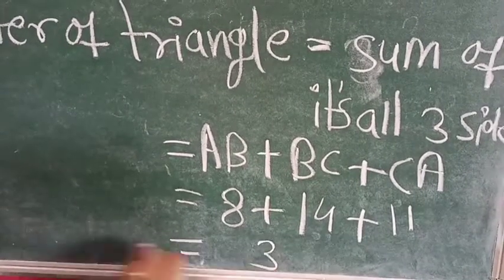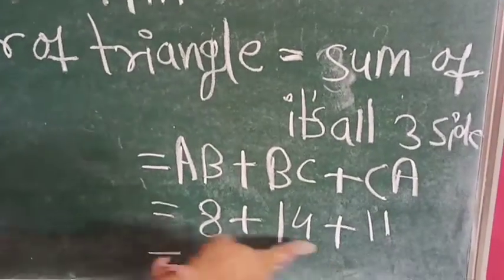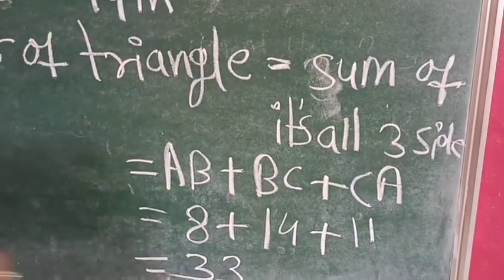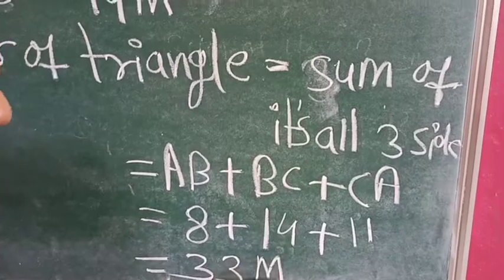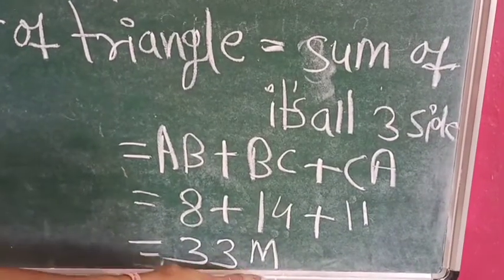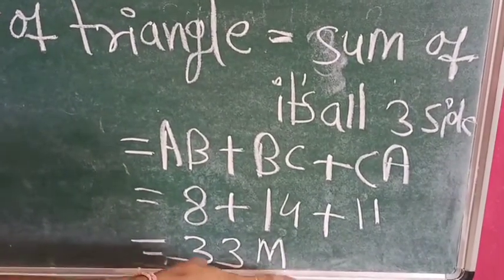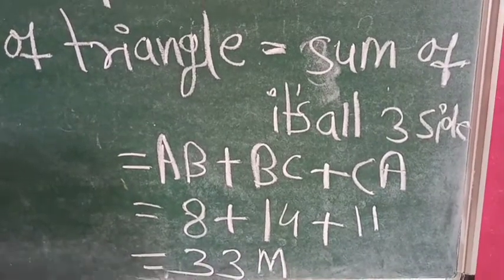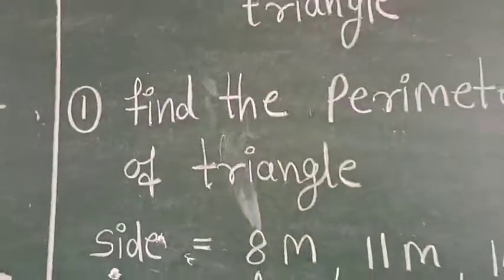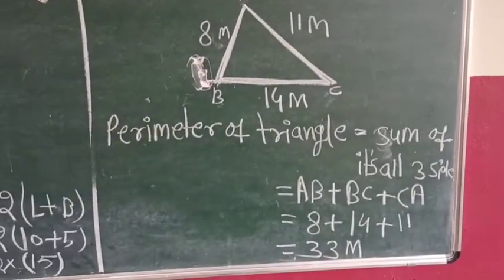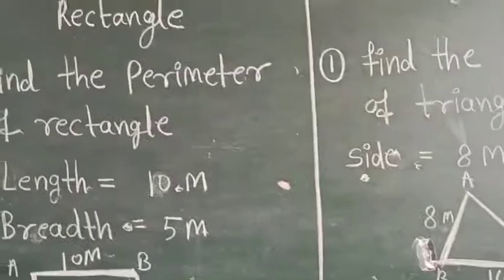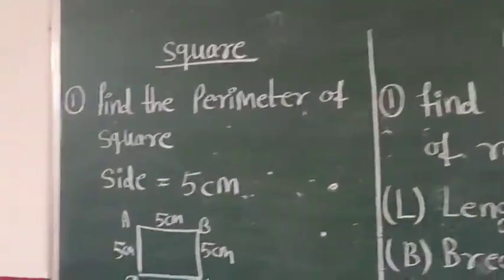So you have to write here 3, 1 is carry. 1, 1 and 1, you have here 3. So 33 is your perimeter. You have to write the unit, that is meter. So this is your perimeter of the triangle, and this is the example of perimeter.